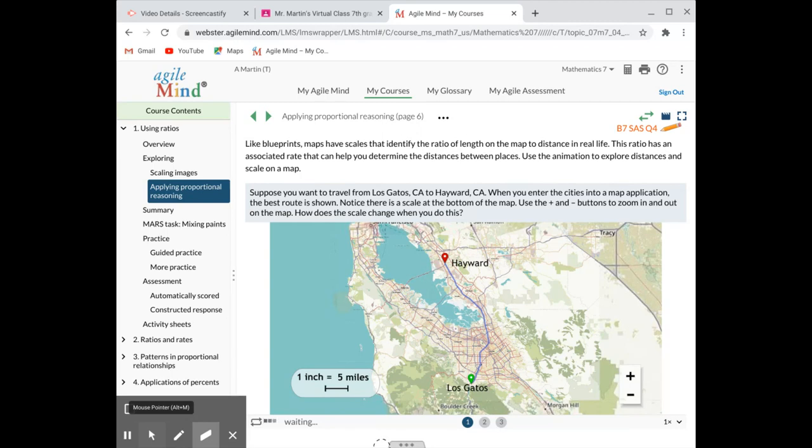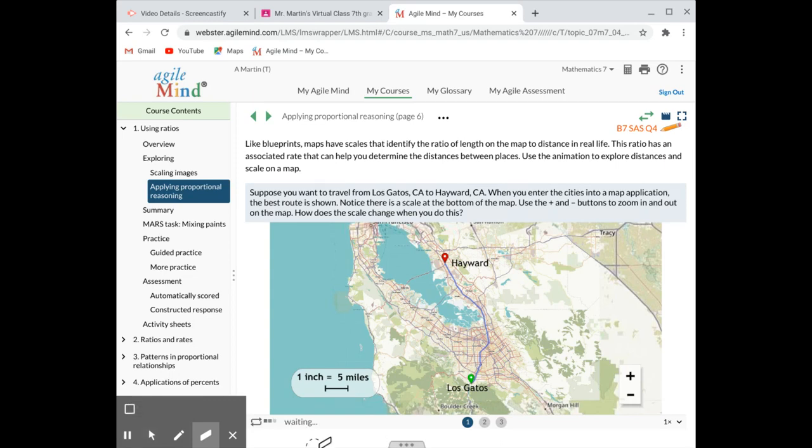Use the animation to explore distances and scale on a map. Suppose you want to travel from Los Gatos, CA, to Hayward, CA. When you enter the cities into a map application, the best route is shown. Notice there is a scale at the bottom of the map. Use the plus and minus sign buttons to zoom in and out of the map. How does the scale change when you do this? Thank you. You did a great job.